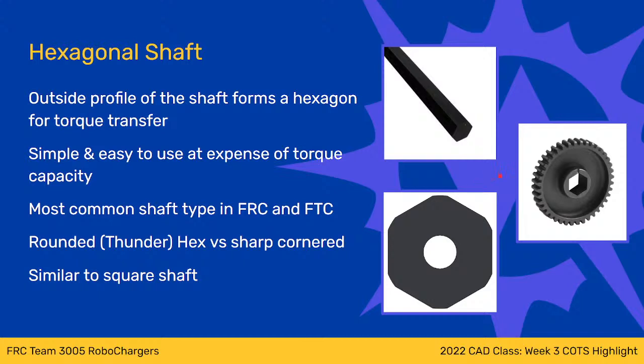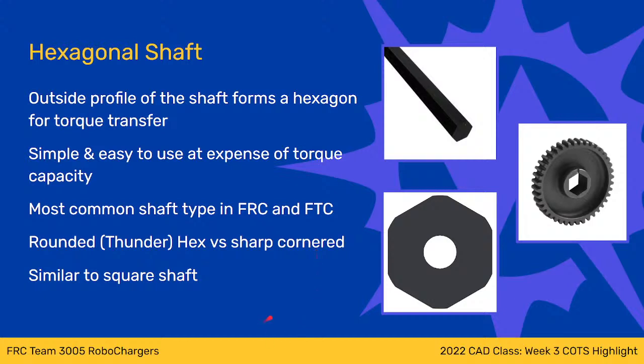It'll be a little bit easier to explain visually in person, but you drill a round hole and then you use a broach to basically cut the outside of the hole up to be a hex. So it's easy to manufacture and really easy to put together because you just slide the hex in the hole and you're good to go. It's relatively strong and compact, but not high torque capacity.